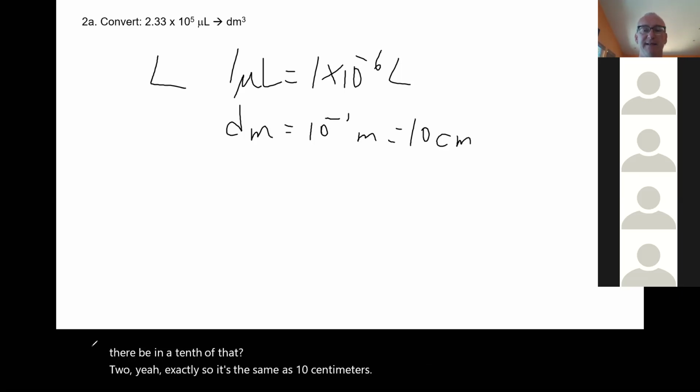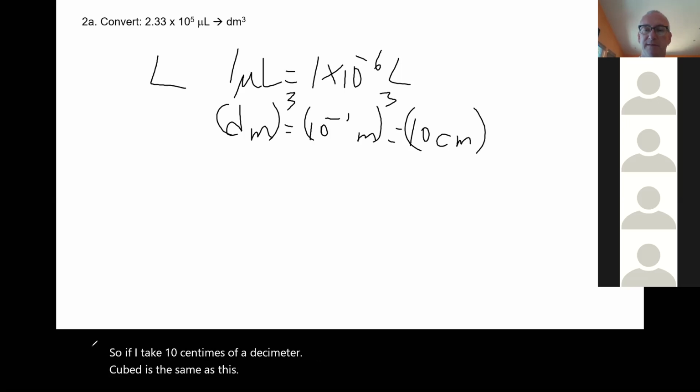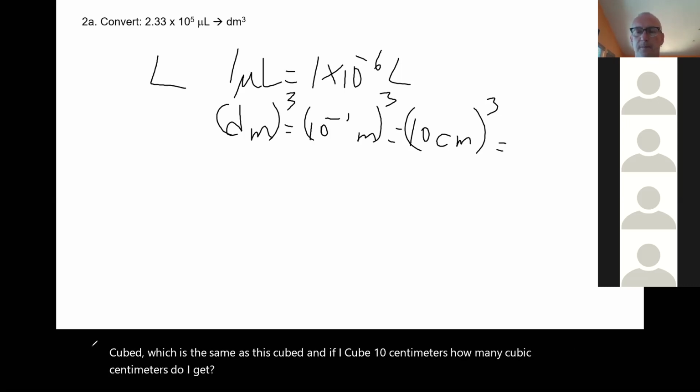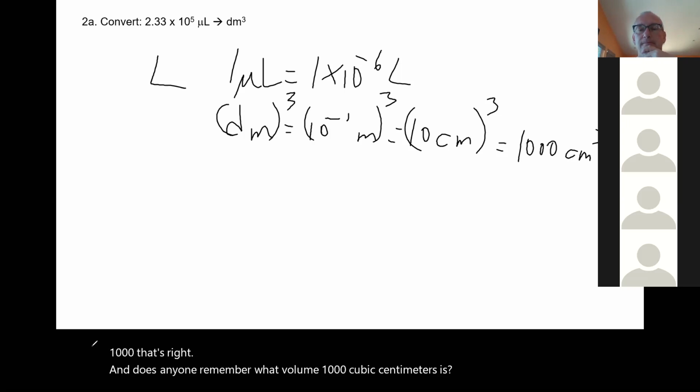A decimeter cubed is the same as 10 centimeters cubed. If I cube 10 centimeters, how many cubic centimeters do I get? 1,000, that's right. And does anyone remember what volume 1,000 cubic centimeters is? 1 liter, exactly.